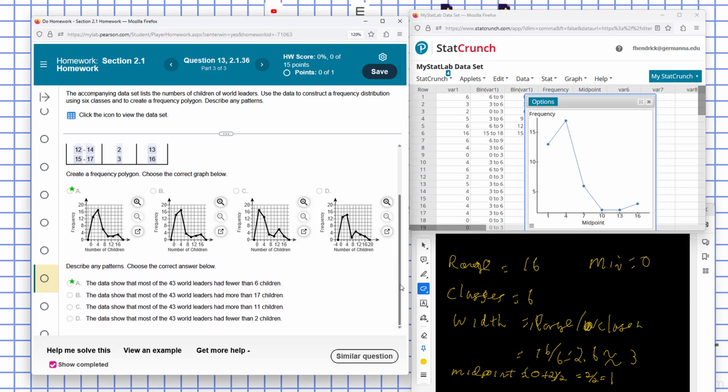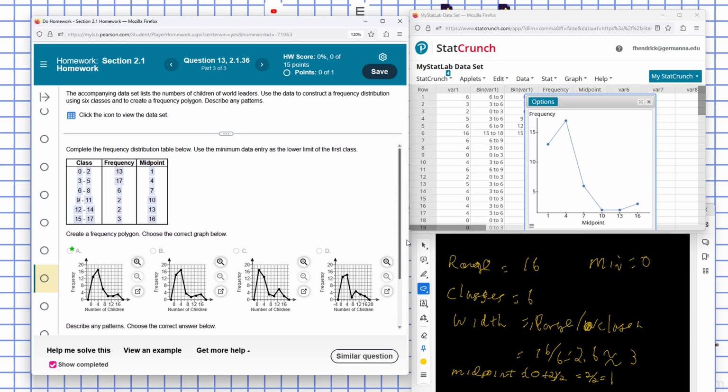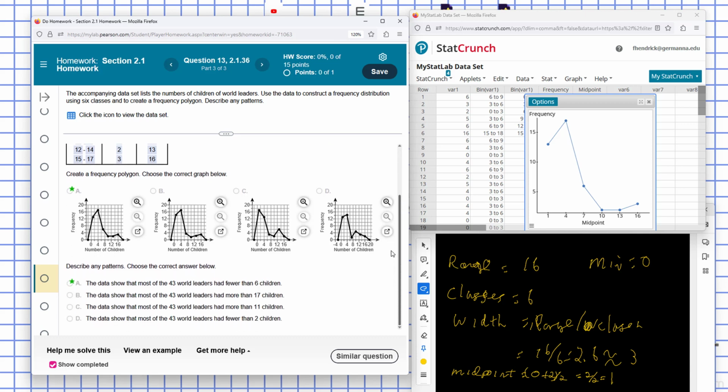What does this show? That most of the 43 world leaders had less than 6 children. Does it show that there? Yeah.